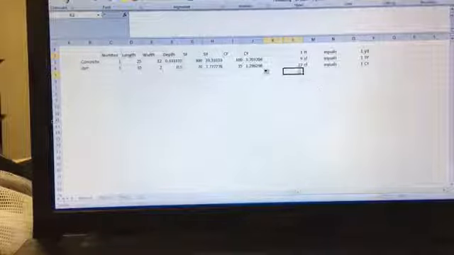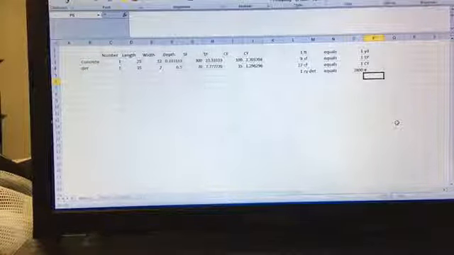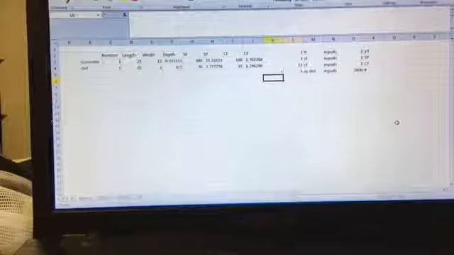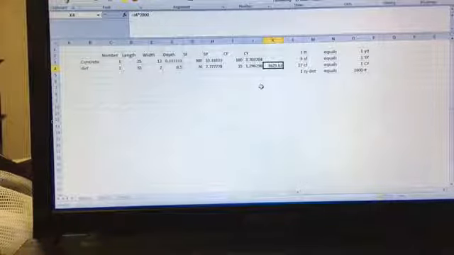From there, if you Google it, 1 cubic yard of dirt equals about 2,800 pounds. And from there, what you can do is take this and multiply it by 2,800 pounds. It gets you 3,600 pounds.